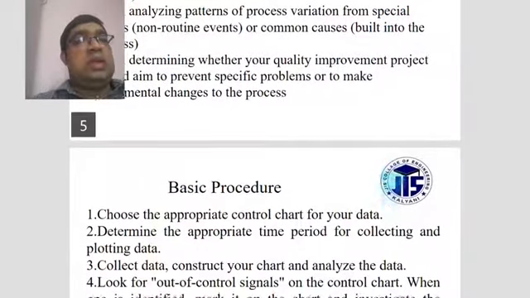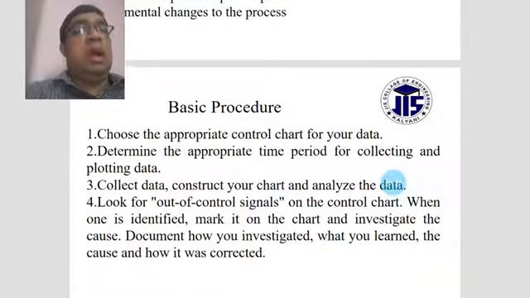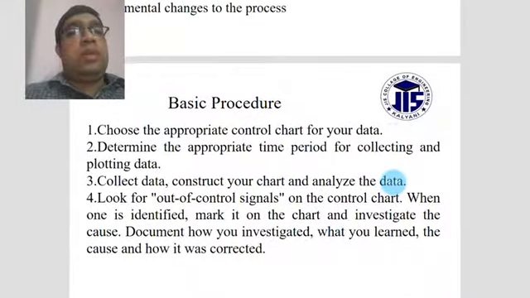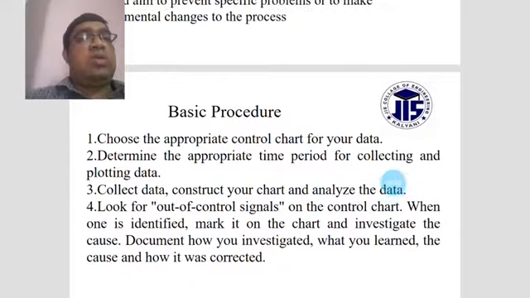Another thing: the basic procedures will be considered for control charts. First, choose the appropriate control chart for your data.